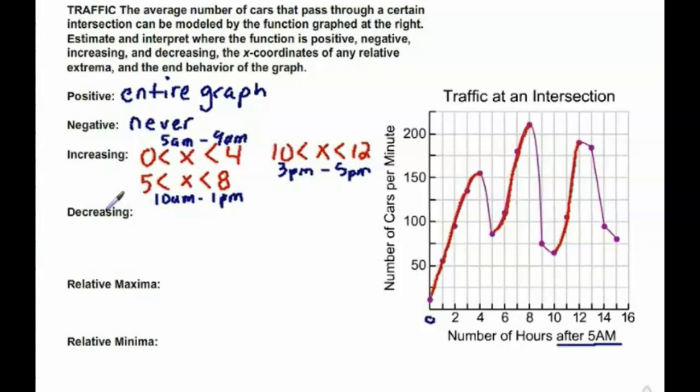Let's now take a look at where the amount of cars going through the intersection is decreasing. So as we travel along our function, you'll notice here we start to come down and decrease from 4 to 5.